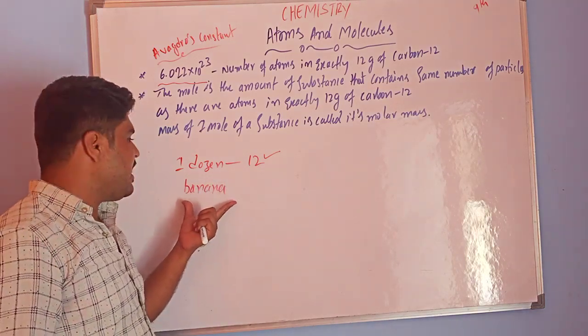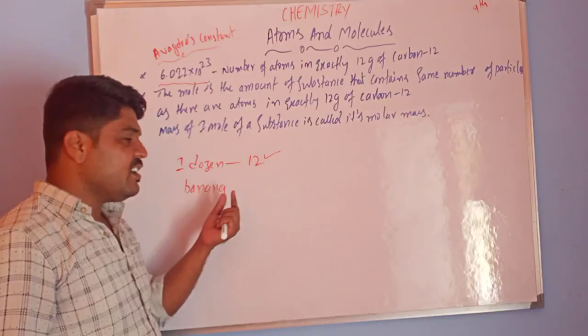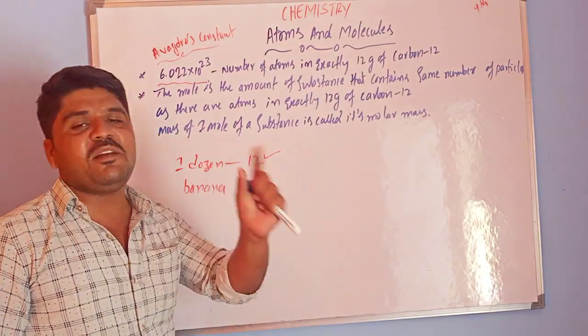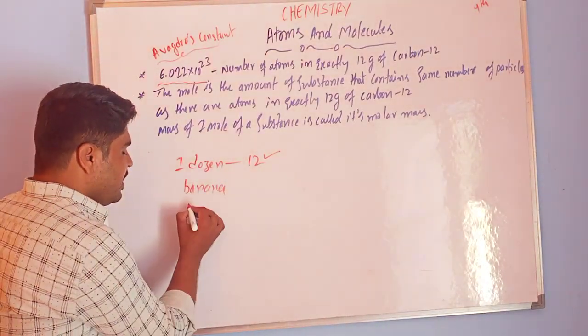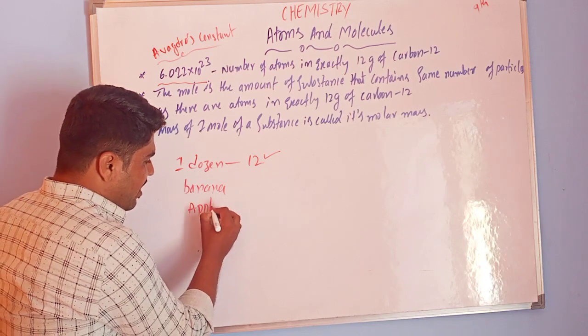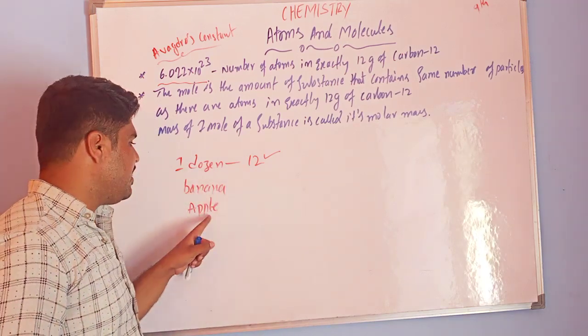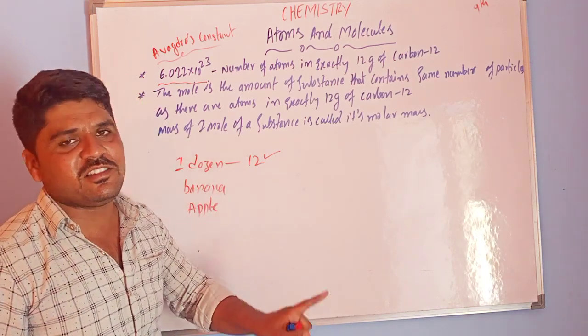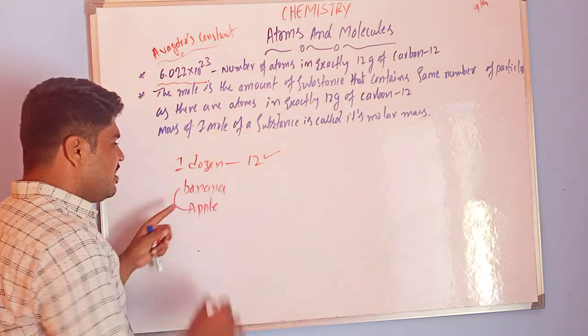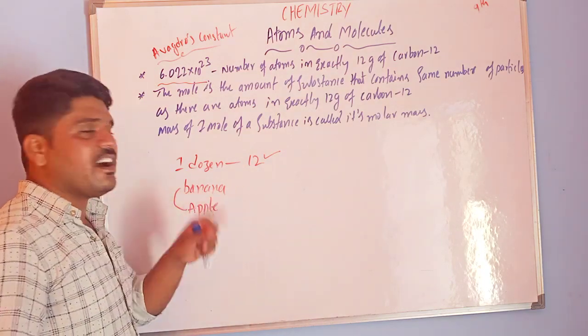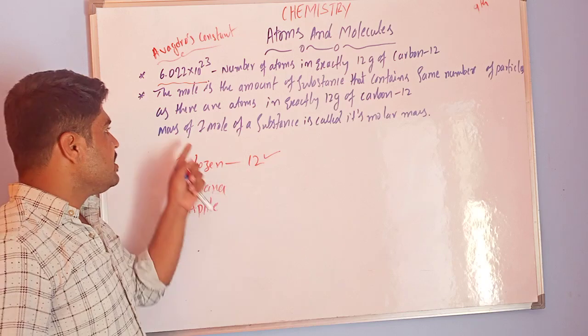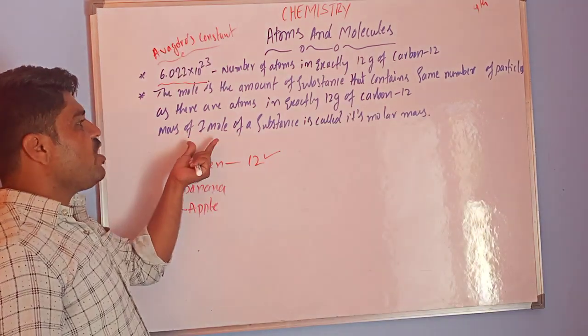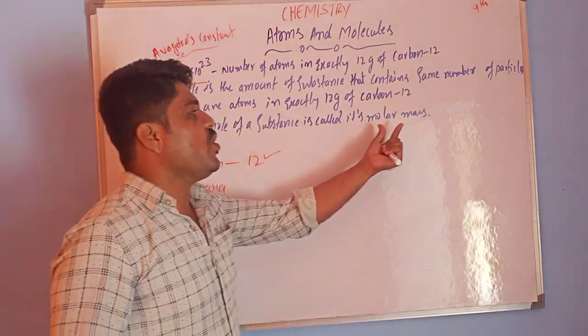If you buy one dozen bananas, they will give you 12 bananas. If you buy 1 dozen apples, they will give you 12 apples, but there is a difference in the masses of banana and apple.